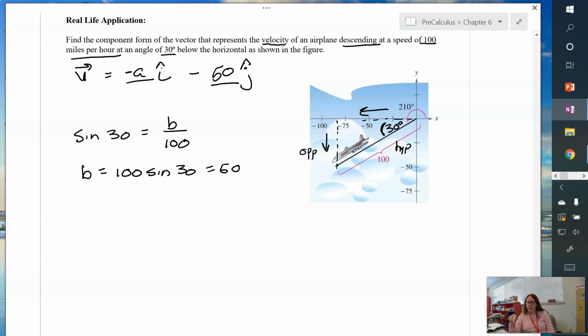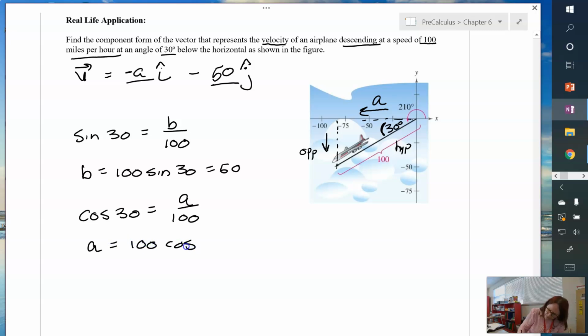Now I need to figure out A. Well, I still have my 30. A is going to be right here. That is adjacent with hypotenuse, so now we're talking cosine. So cosine of 30 is going to be A over 100. A is going to be 100 times the cosine of 30. A equals, grab your calculator, 100 times cosine of 30.